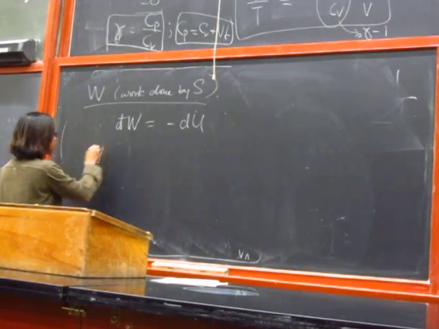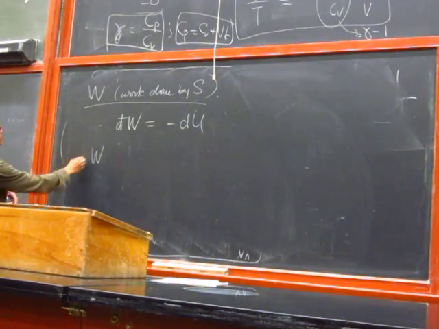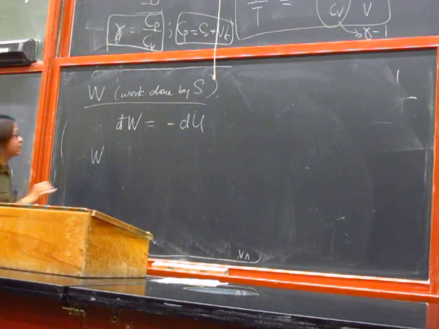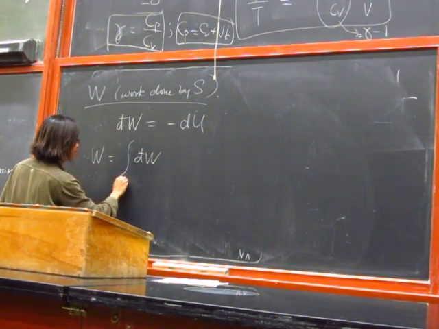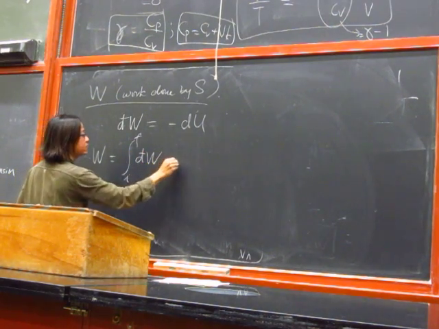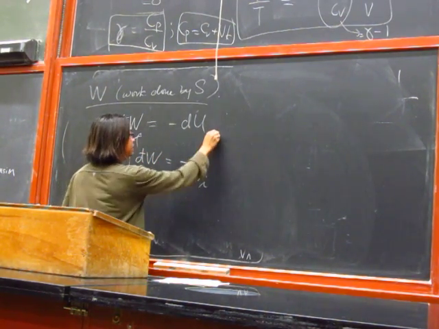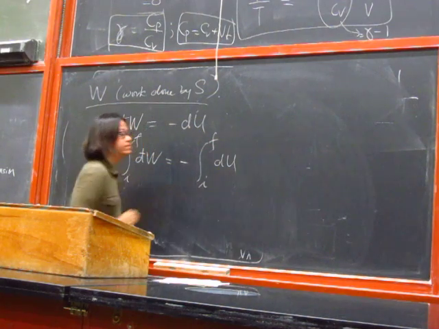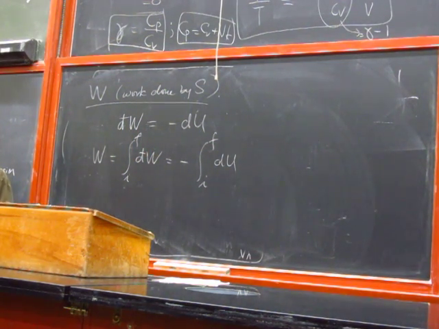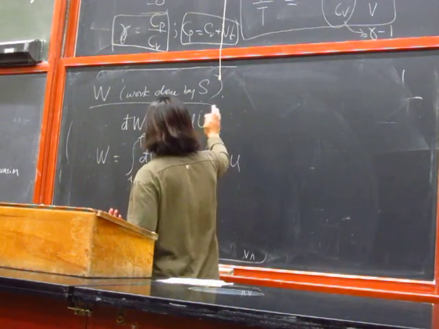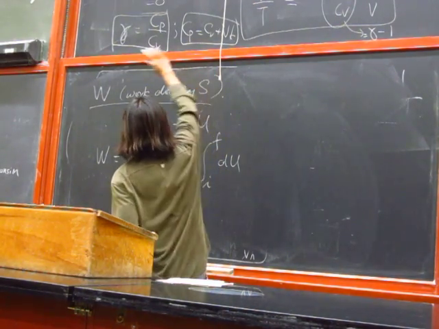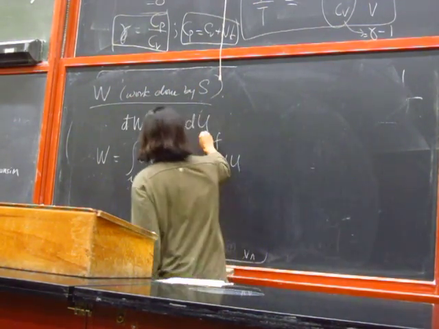So W, the total work, from initial to final, is equal to minus the integral from initial to final of dU. I haven't done anything yet, this is just the first law with no heat transfer.